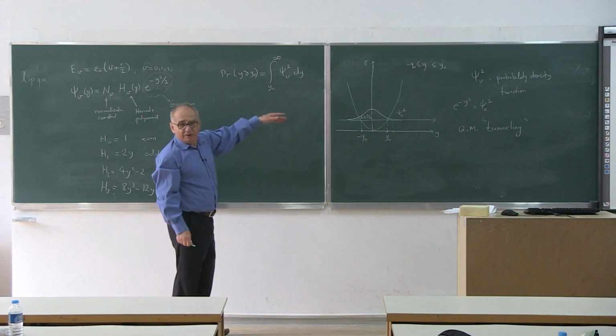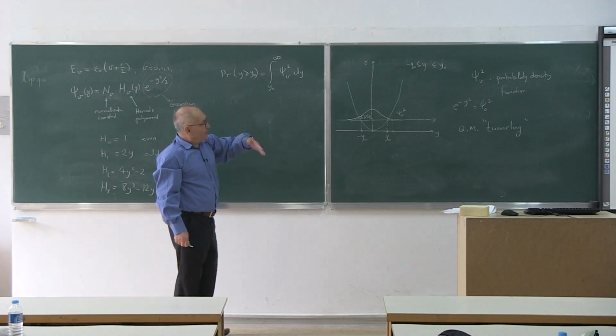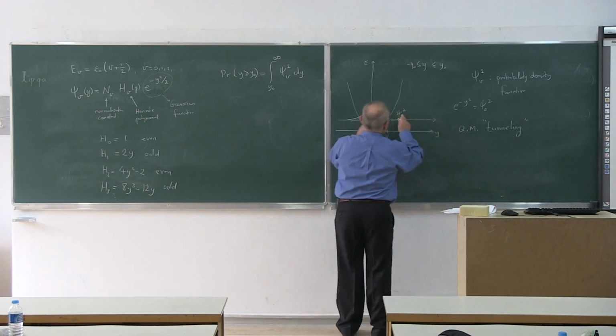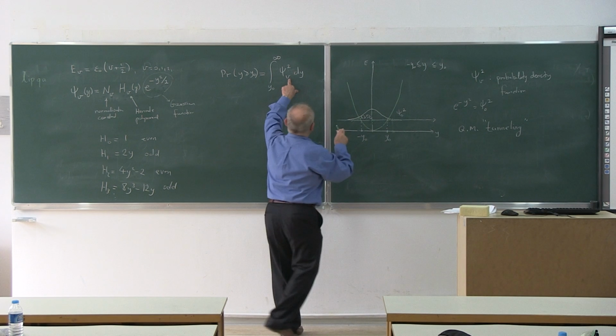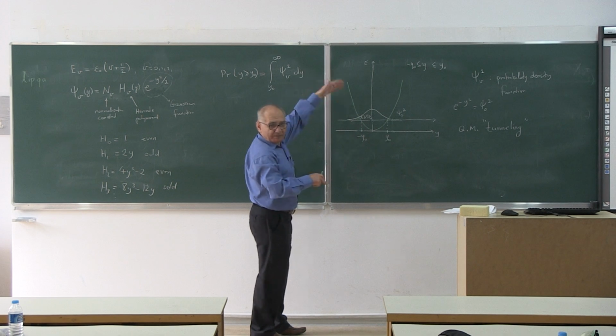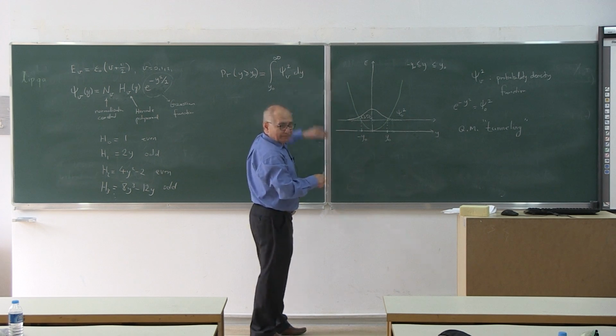This is the expression for finding the total probability of finding the particle on this side. Now, according to this graph, I would use the function psi 0 here. But for other v values, this is our expression.